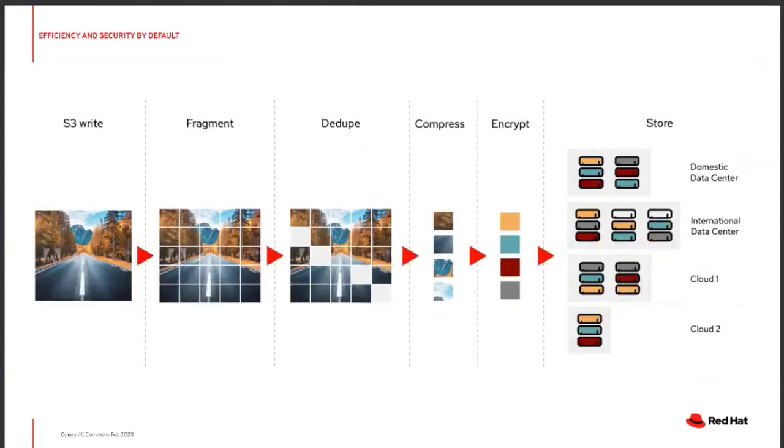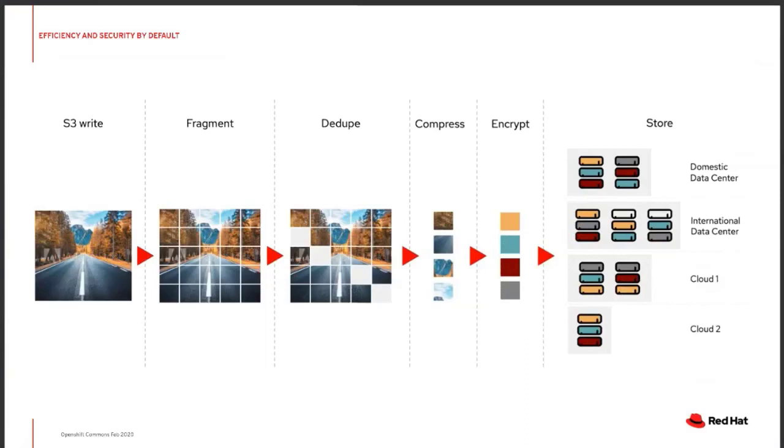This picture shows it once again. So from an application perspective, on the left side we have an S3 write. The S3 write gets chunked, so it's getting fragmented in little pieces. Then it gets deduped, so everything that's double, that's exactly the same, is being taken out.